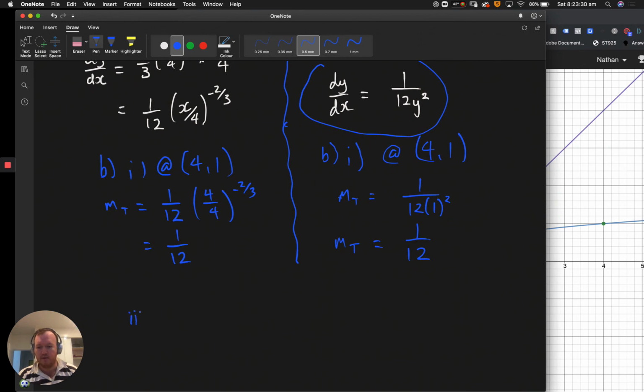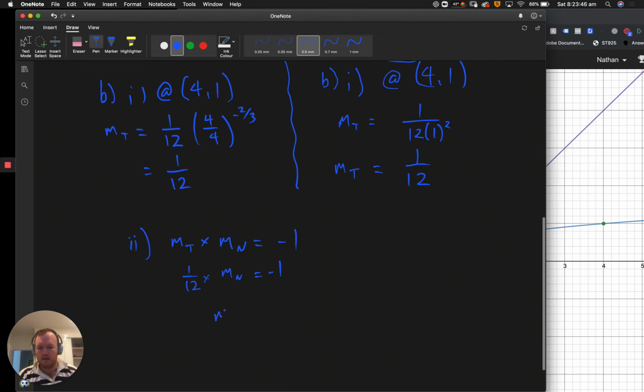It doesn't matter which way we've done it now, we know that the gradient of the tangent times the gradient of the normal equals -1. Therefore, with the gradient of the tangent being 1/12 times the gradient of the normal, the gradient of our normal is going to be -12.